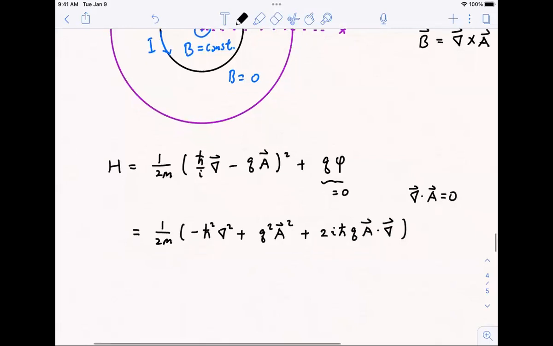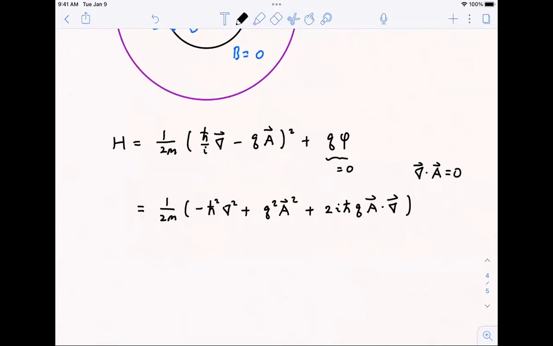Okay, so now let's deal with this part. This A here, we're going to use this relationship. For simplicity, we just add the pi back here. So this will be the flux.